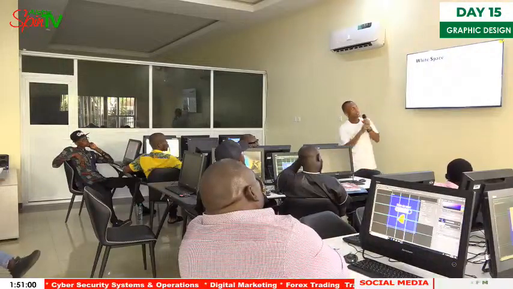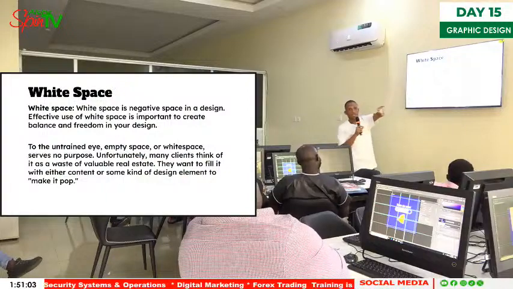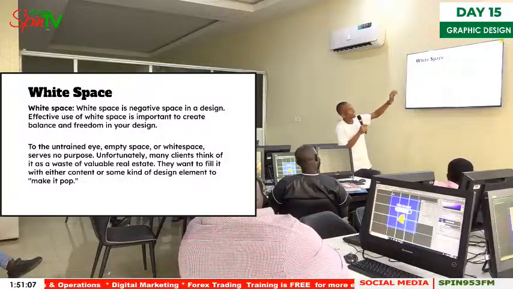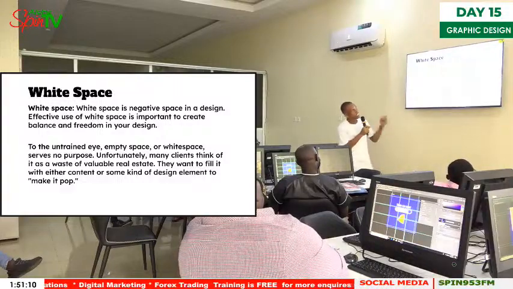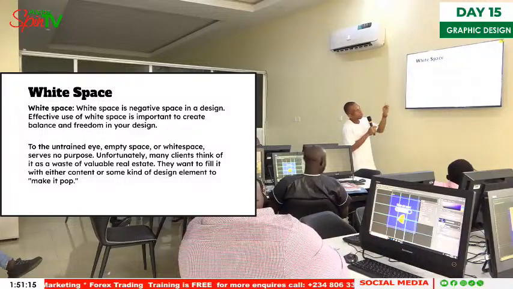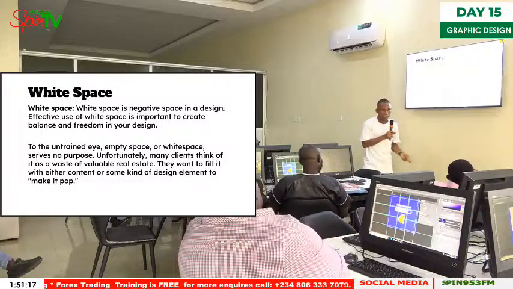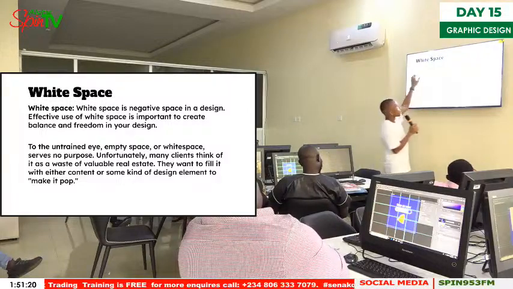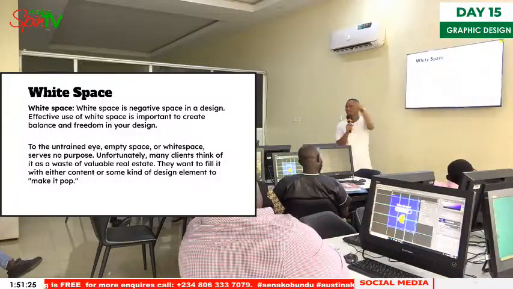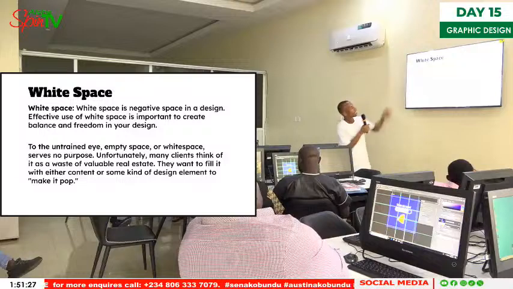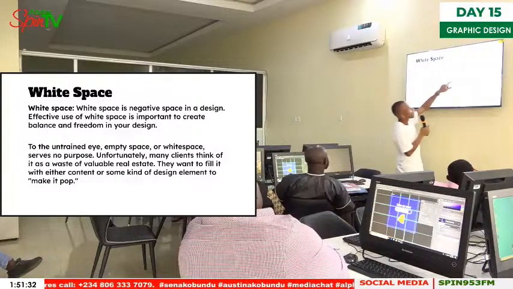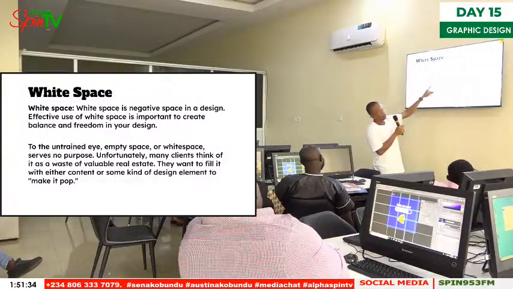So white space, like I said, is negative space in a design. Effective use of white space is important to create balance and freedom in your design. All these things you are seeing here are called white space, so that the design is legible and you can read it well. To the untrained eye, empty space serves no purpose.